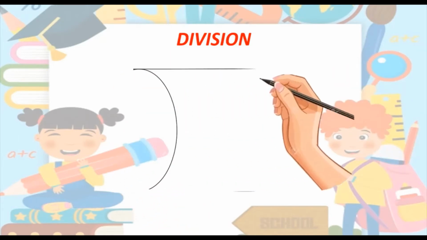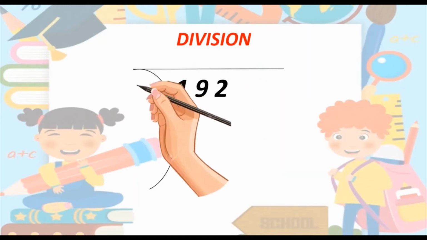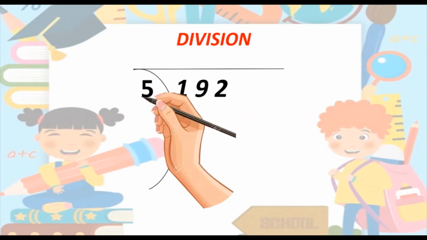Suppose we have a number 192, which is the dividend here, to divide by 5, which is the divisor. In order to divide, we see the first digit of the dividend, which is 1, that is less than the divisor.